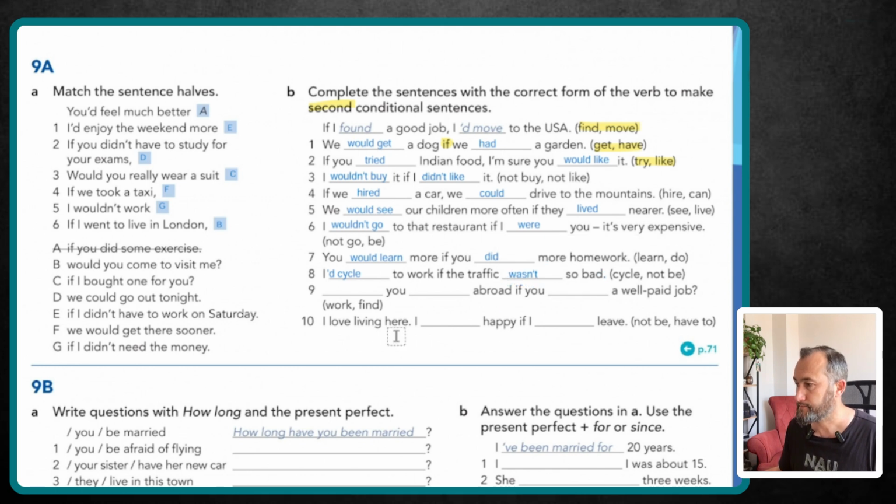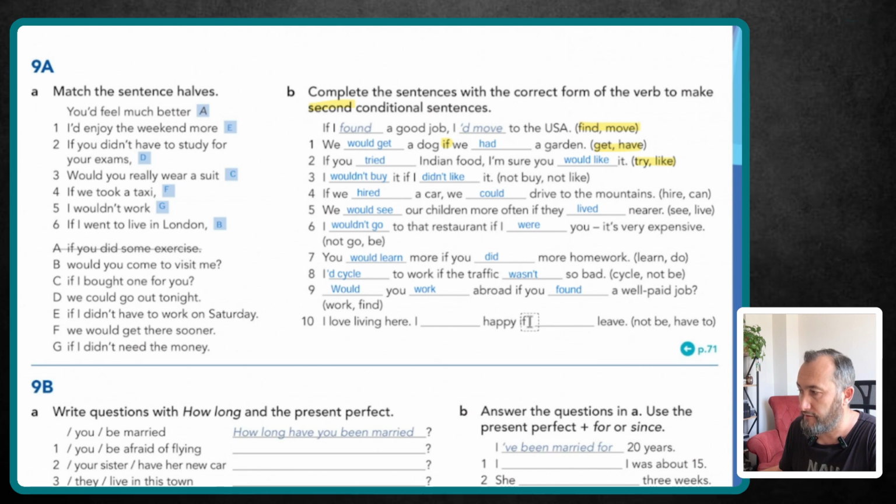So number 9 is a question. Would you work abroad? Right? Would you work abroad if you found a well-paid job?